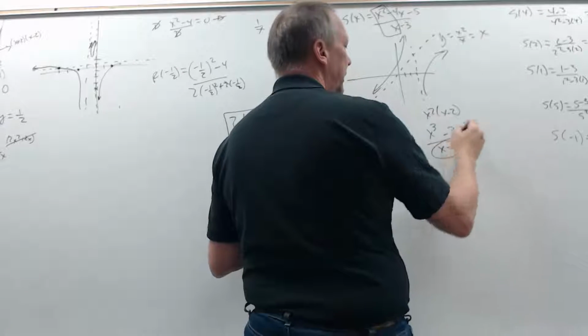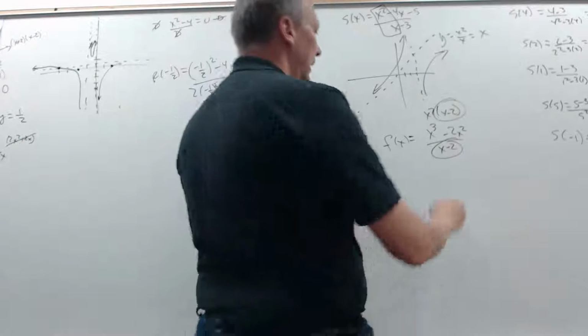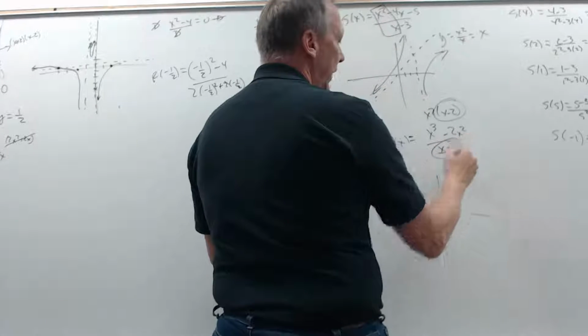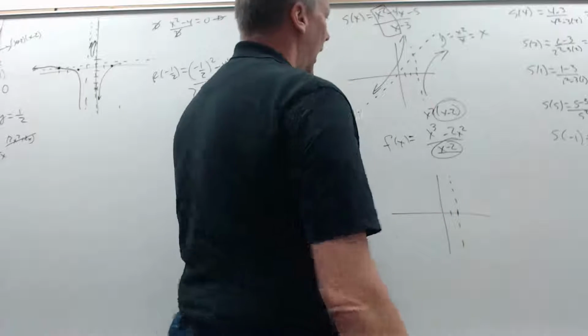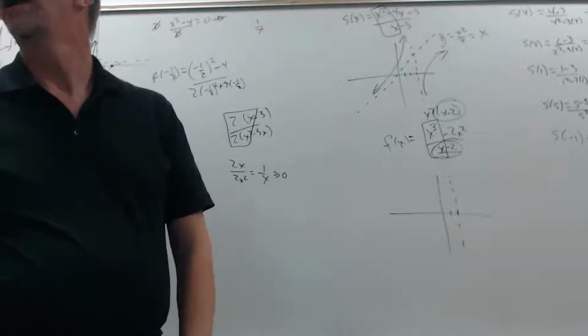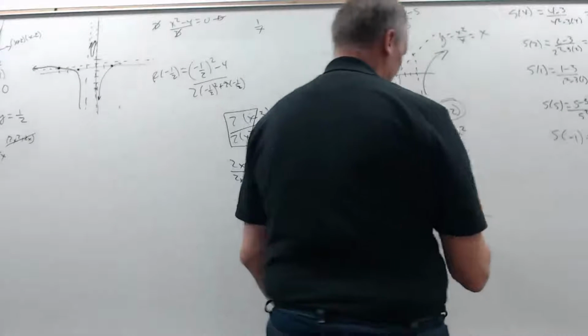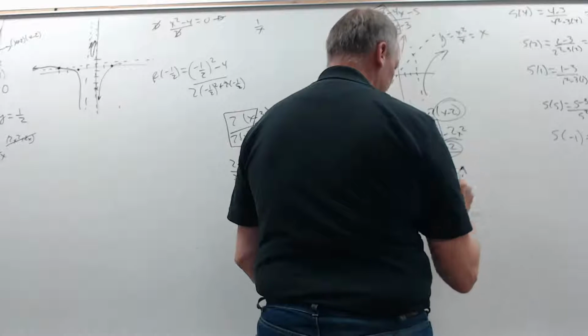Okay? You see the same factor in both places, correct? Okay? I know that x cannot equal 2. I also know that I've got what kind of an asymptote there? Parabolic. Wow. Okay? And so I've got a parabolic asymptote that looks like this.